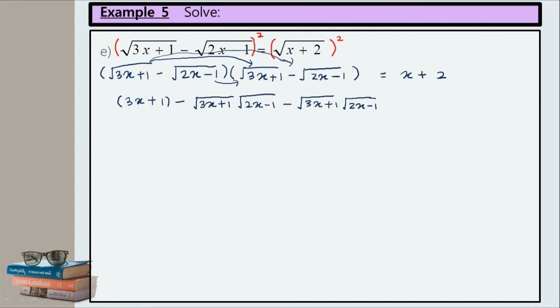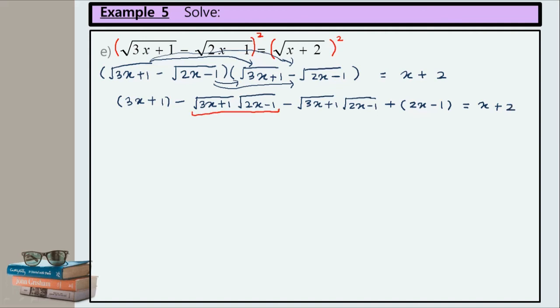And lastly, √(2x minus 1) times dengan negative √(2x minus 1). Negative times negative, positive. √(2x minus 1) times √(2x minus 1), √ yang sama, that's why √ akan hilang, so 2x minus 1 equal to x plus 2.